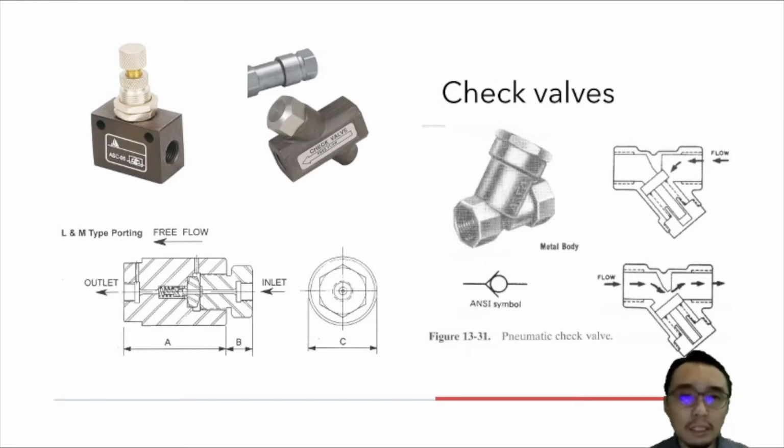Next is the check valves. Check valves allow movement of flow in one direction only. These are some examples of actual check valves from industry. The check valve will shut off instantaneously against reverse flow and opens at low cracking pressures in the forward direction.